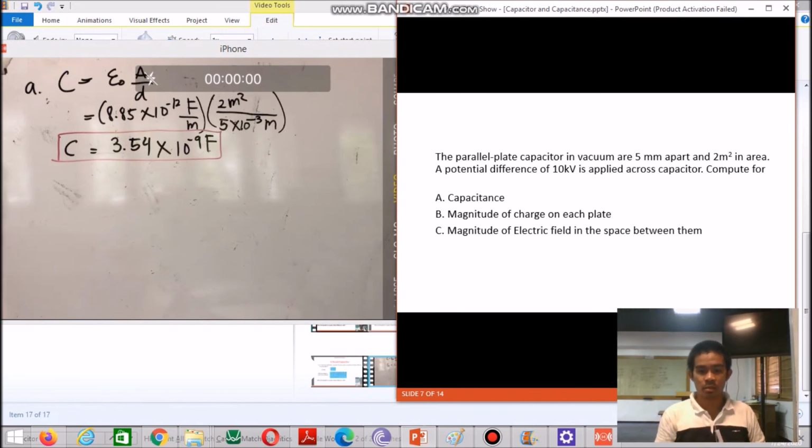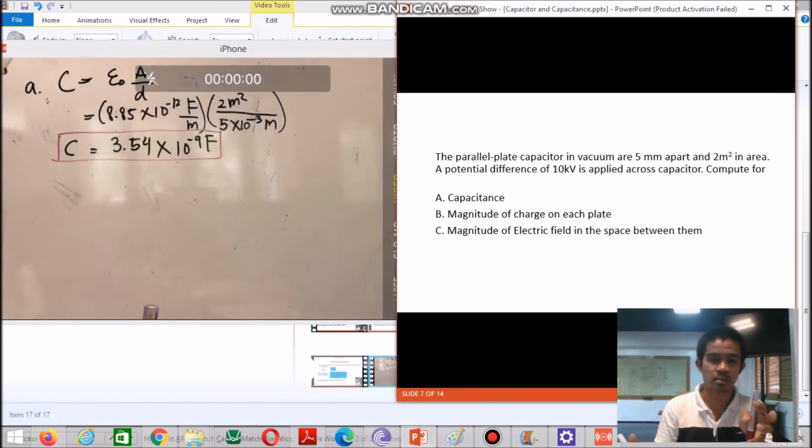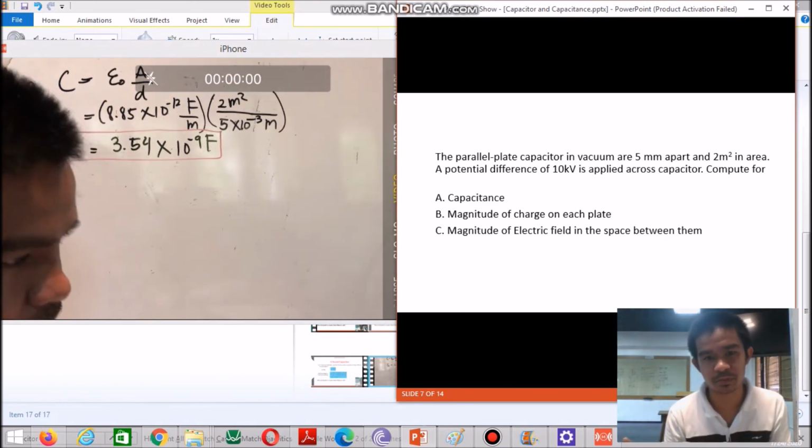Next, we will determine the magnitude of charge on each plate. The magnitude of charge on one plate is equal to the magnitude of charge on the other plate, but with different signs: one is positive, one is negative, but the magnitude is the same.